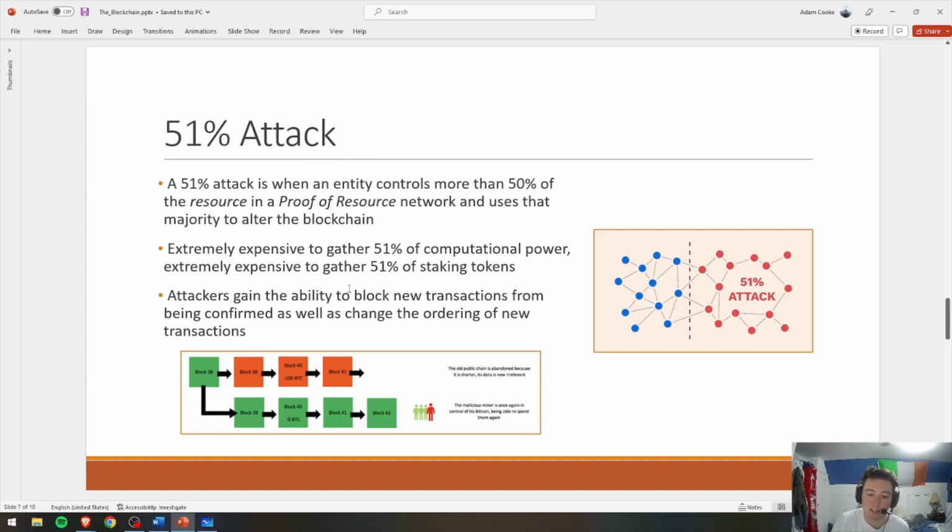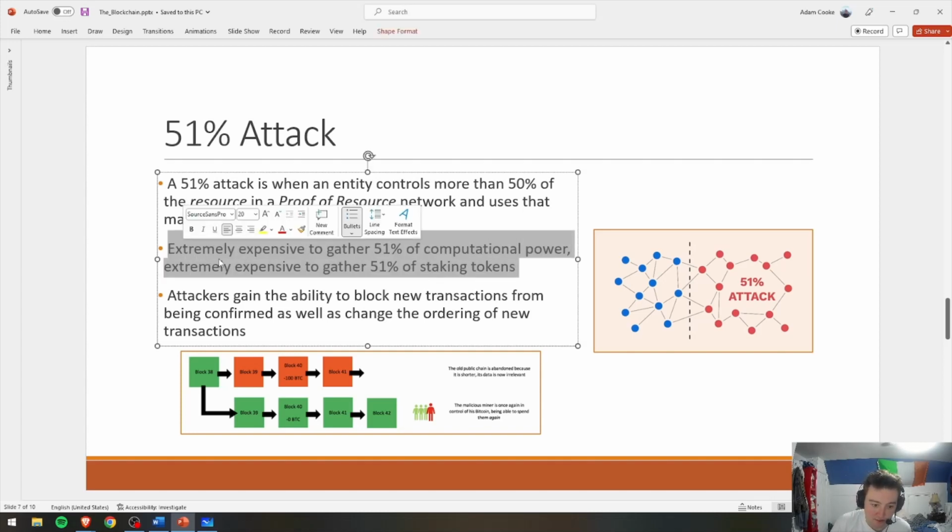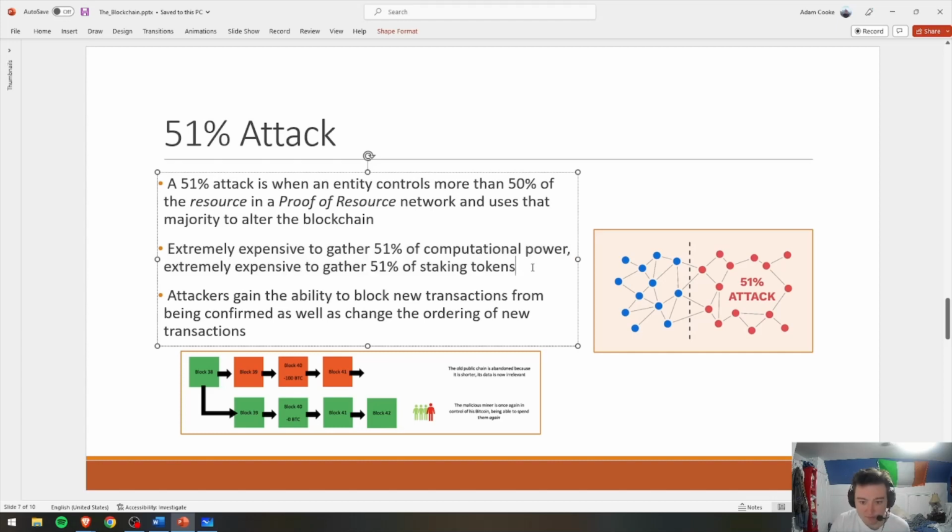The idea is that with proof of work, it would cost too much money to gather 51% of the computational resources, and it would cost too much to gather 51% of the native tokens. Now these are big assumptions, first off, but so far they seem true. So that's the gist of it.